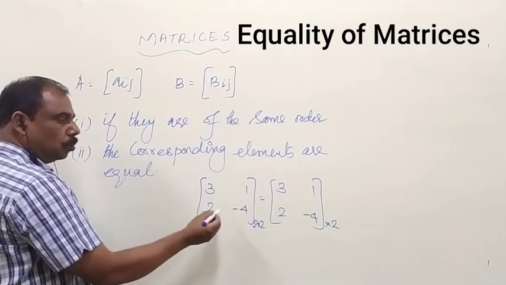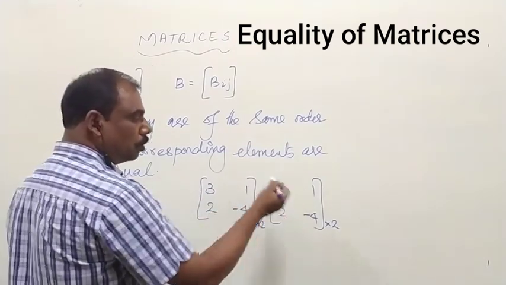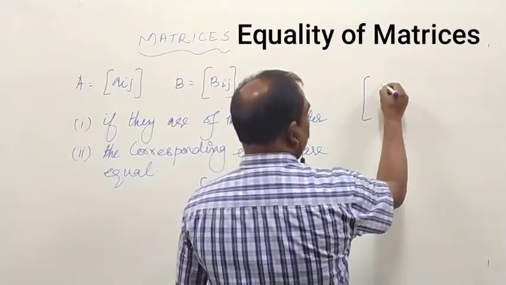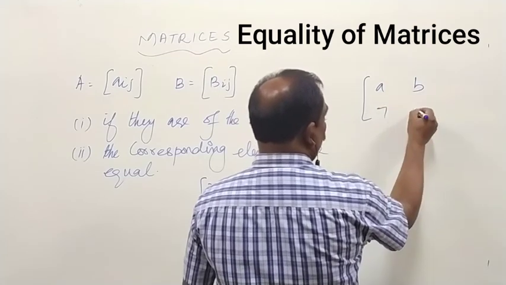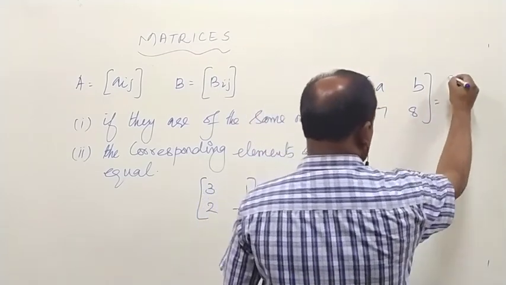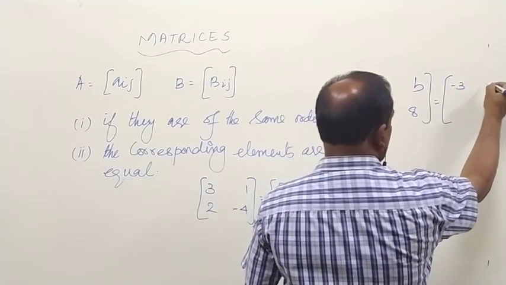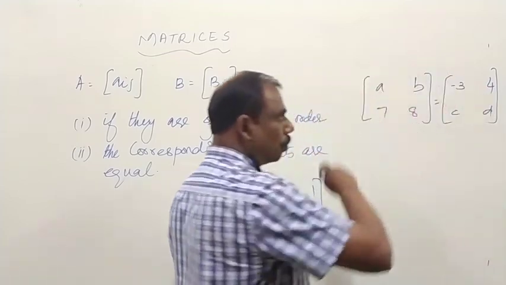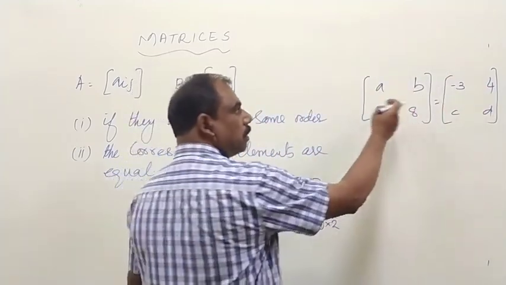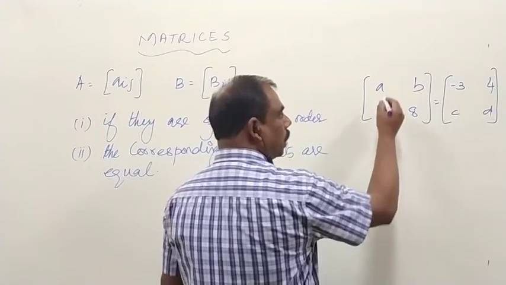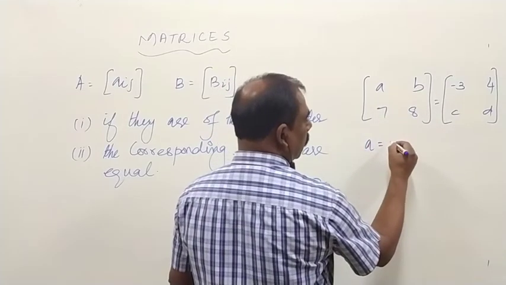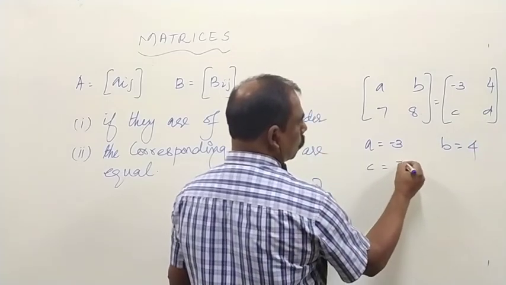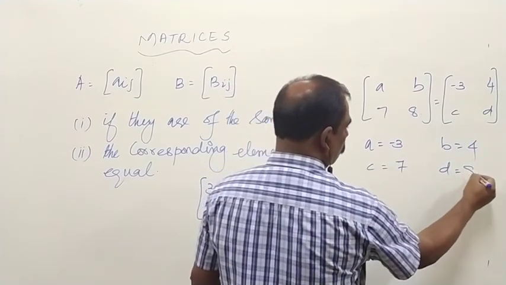For example, if I take the matrix A, B, 7, 8 equal to minus 3, 4, C, D. Since the matrices are given to be equal, we can write A is equal to minus 3, B is equal to 4, C is equal to 7, and D is equal to 8.